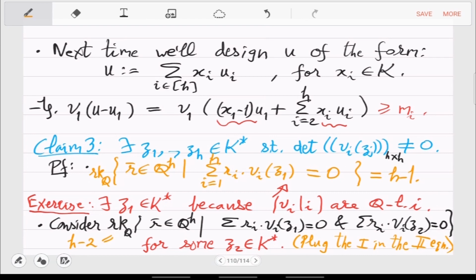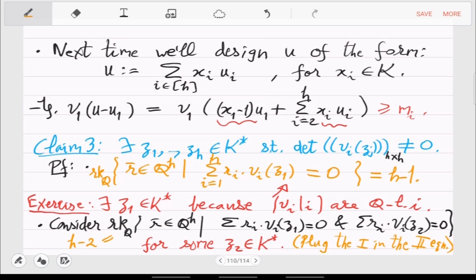What do you mean plug the first? Oh, the first one, Vi, Z1 are just known numbers, right? So suppose you have an equation, this is giving you the equation R1 plus R2 plus R3 equal to 0. So you write R3 as minus R1 minus R2 and just substitute that in the second equation. So R3 is eliminated.